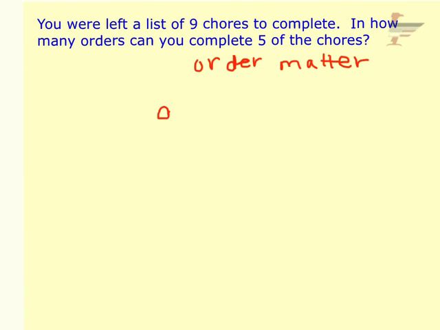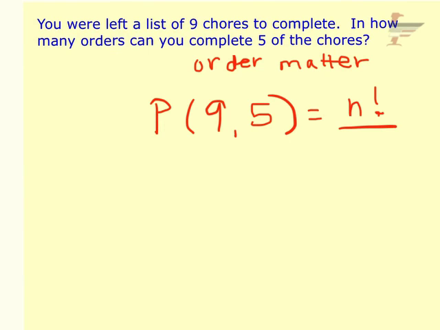So my notation is going to be 9 chores, and how many ways can I order 5 of them? The formula, and hopefully you wrote this down, is n factorial over n minus r factorial, and my n is 9 and my r is 5.